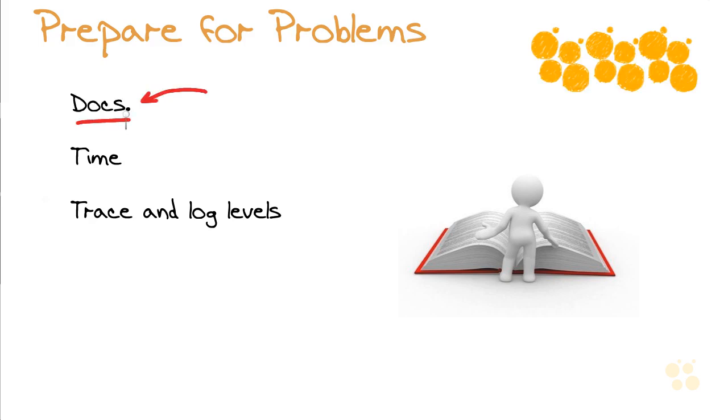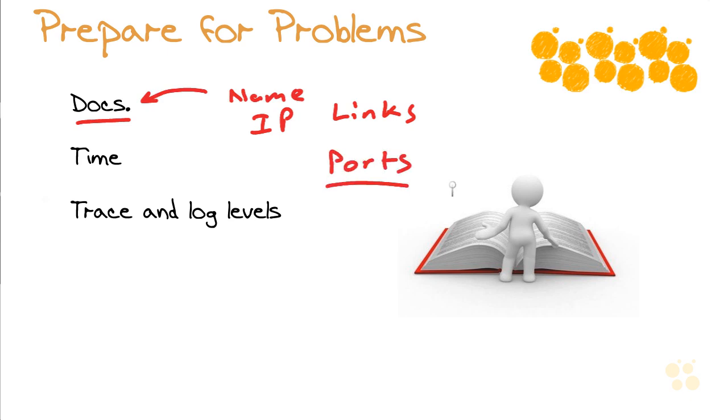Absolutely critical that as you're building and changing your network infrastructure, you are building a rich set of documentation that includes the name of devices, the IP settings of devices, the links between devices, the ports involved in the specific scenario. You may even have enterprise level software that automates the creation of that documentation for you.